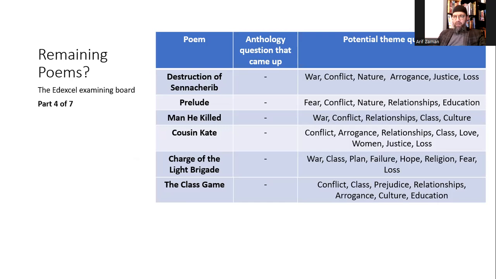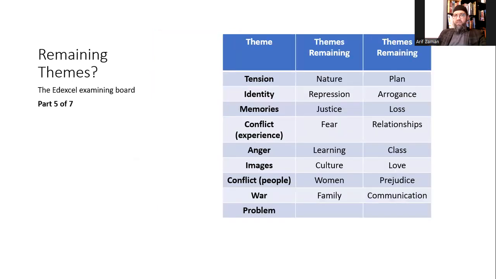Cousin Kate is about loss, maybe love, relationships. But then you can also talk about relationships in the Class Game, Man He Killed, and Prelude. So these are things to think about in terms of what topics to focus in on when you're doing your revision.